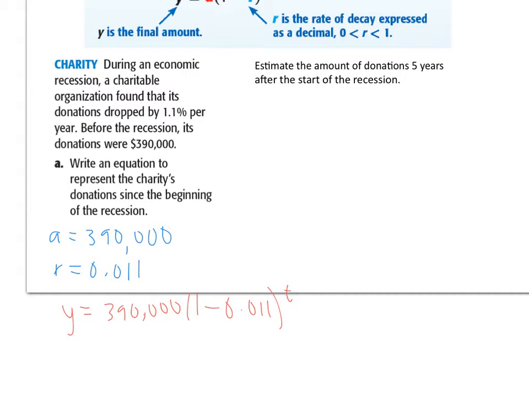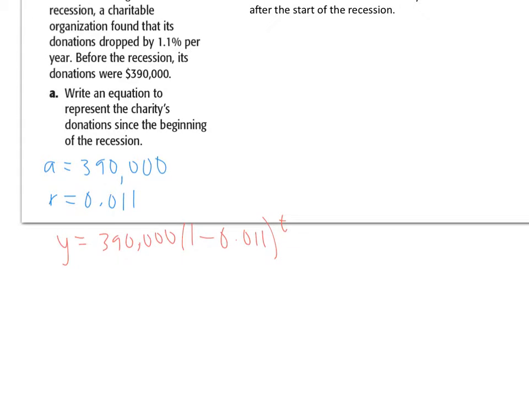And now I can simplify 1 minus 0.011 and get 0.989. So that final equation will be y equals 390,000 times the quantity 0.989, all to the power of t.